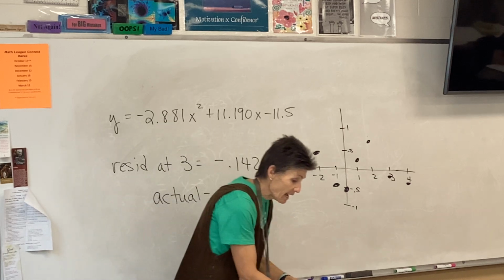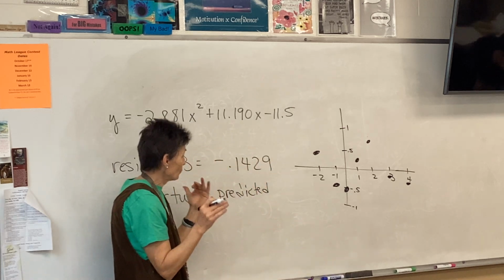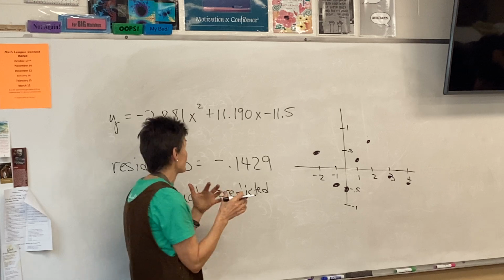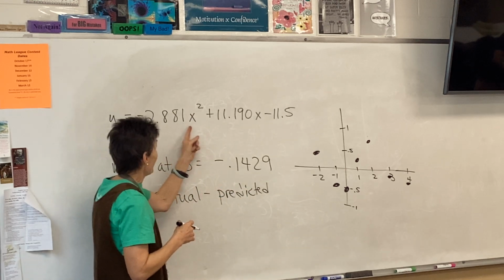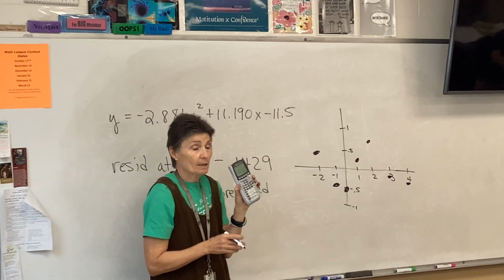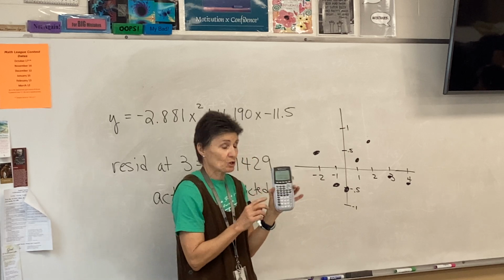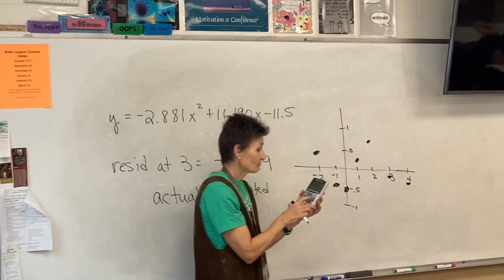Okay. Now it says find G of 5. And I want to make sure that you know how to do it both ways. What's one way of finding G of 5? Just plug in 5, right? Just plug it right in. Now, if you have already calculated the equation, you can also go back to your home screen.